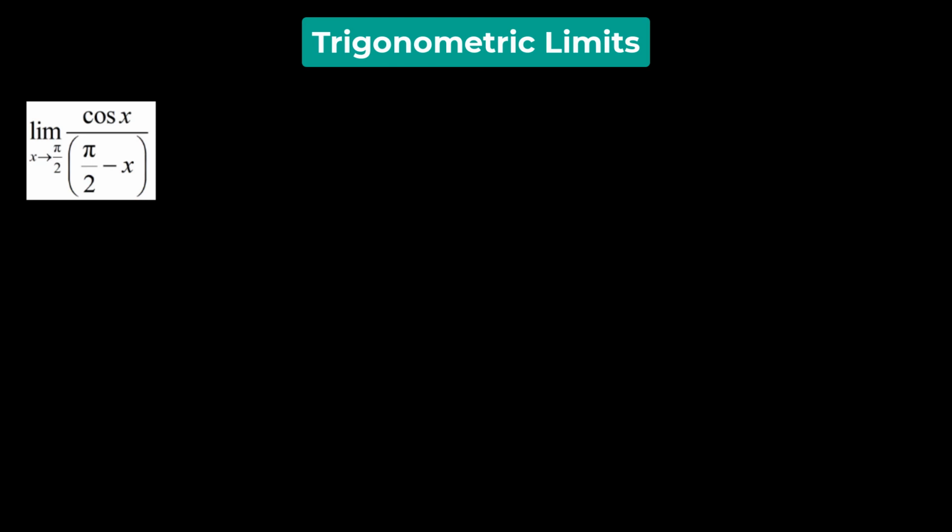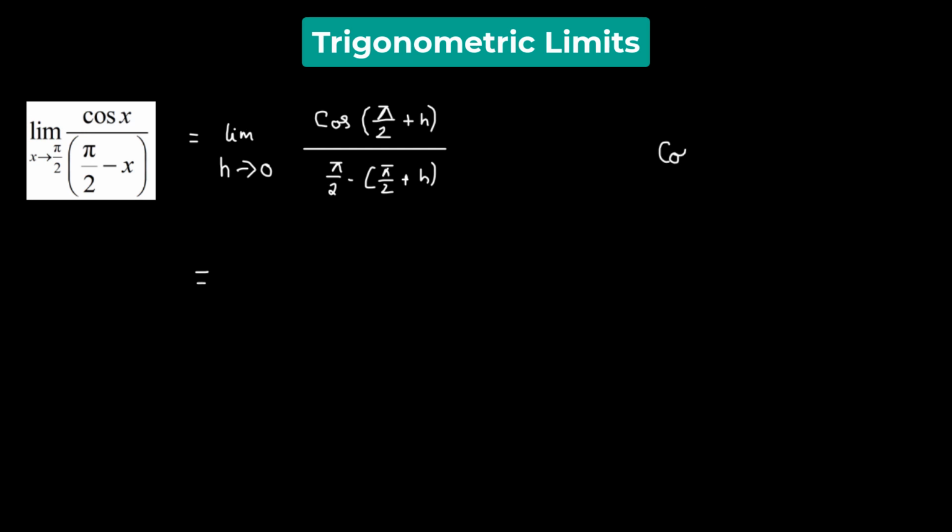So let us begin by changing the limiting value from x to h. So we have the limit as h approaches 0 of cosine of, so x will get replaced by pi by 2 plus h, divided by pi by 2 minus (pi by 2 plus h). So we have cosine of 90 plus theta, so that becomes sin theta.